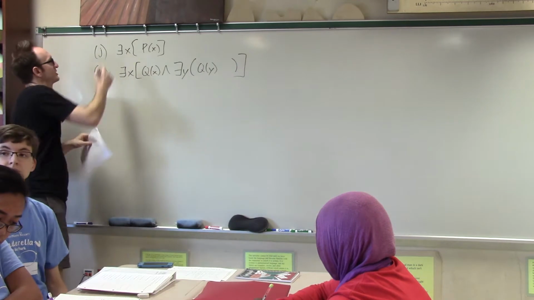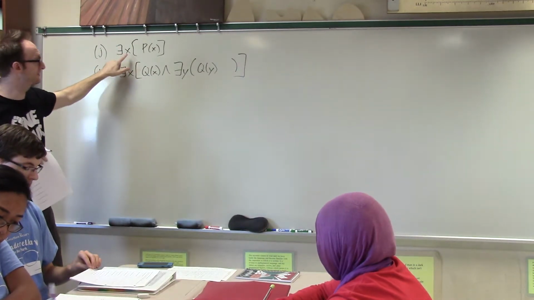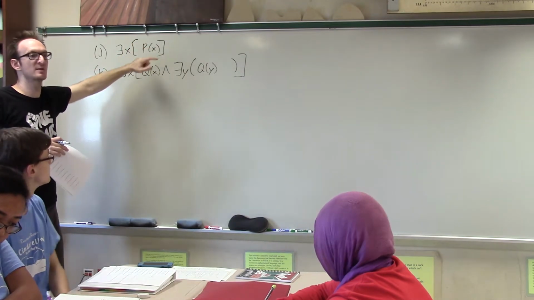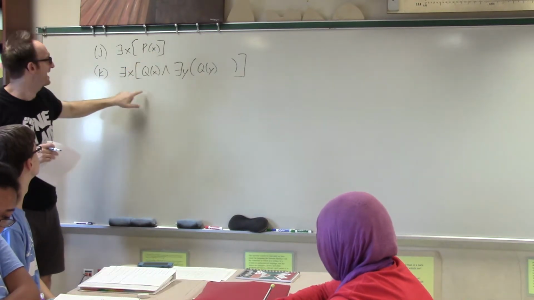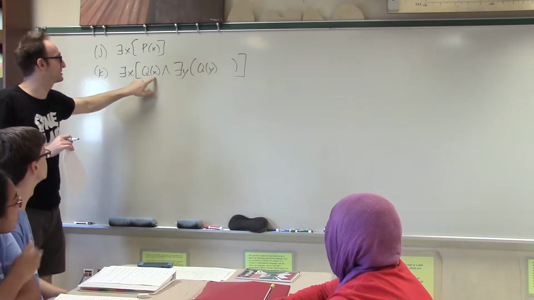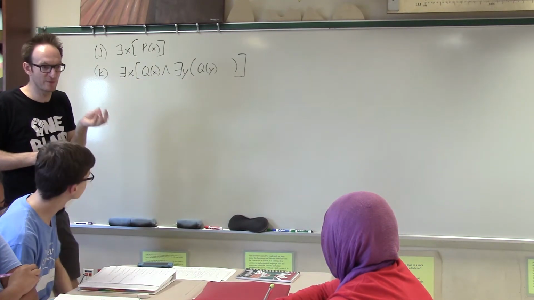When we get more detailed, we will interpret there exists an x, P of x, as true if you can find a person in the domain which, if you stick it in for x, makes it true. And I'm permitted to stick in any person from the domain for the variables.